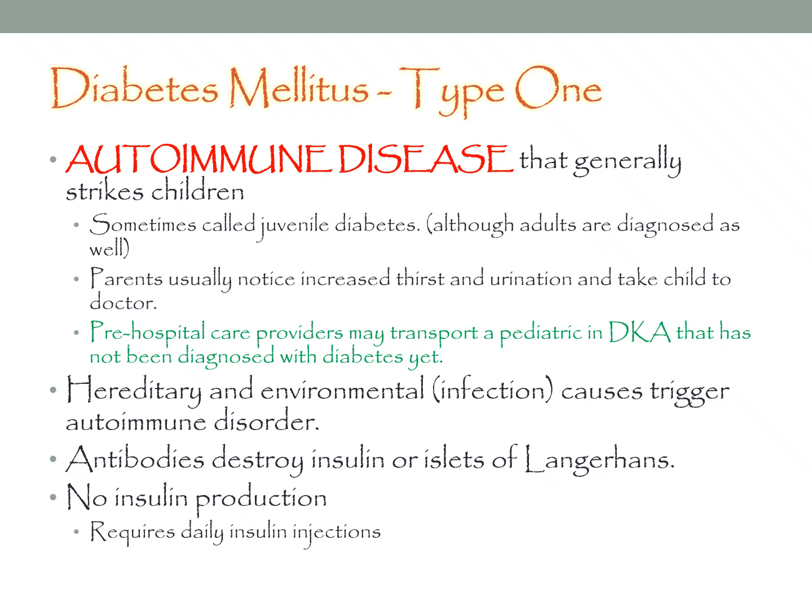Now that we have the general overview of diabetes mellitus, we're going to break down the types. So diabetes mellitus type 1. Type 1 diabetes is an autoimmune disease. In this case, the autoantibodies attack the islets of Langerhans, specifically the beta cells in the islets of Langerhans that produce insulin.